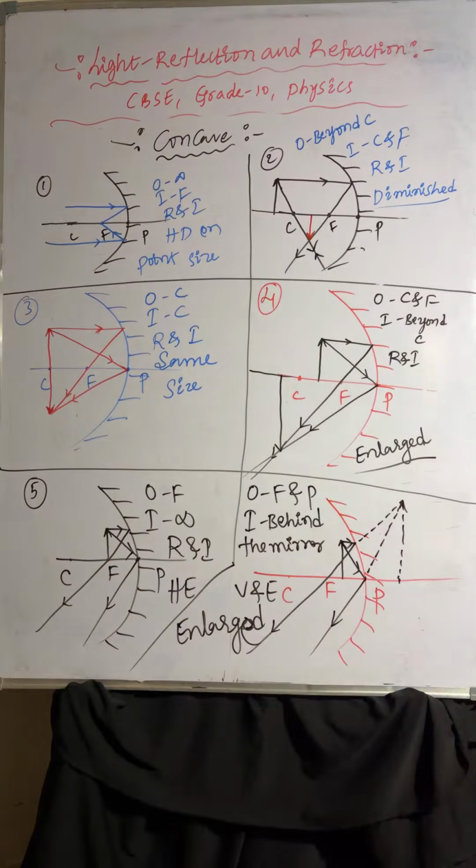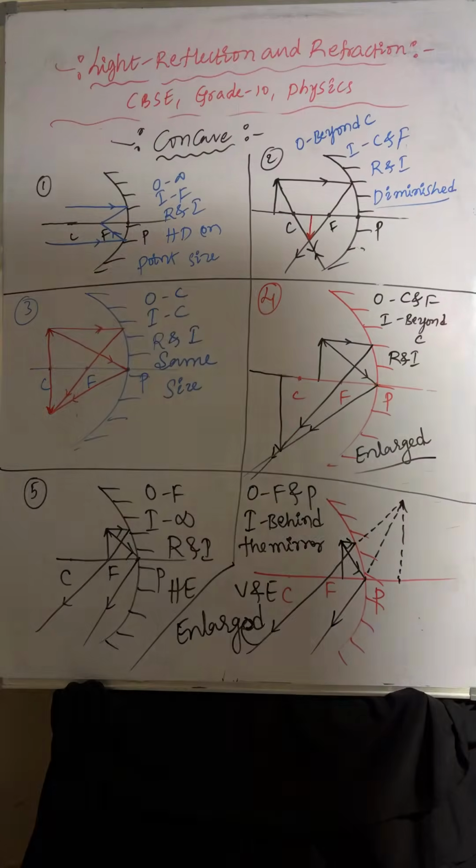Virtual, erect, and enlarged. Object is placed between F and P. Image is formed behind the mirror. Nature of the image is virtual, erect, and enlarged.